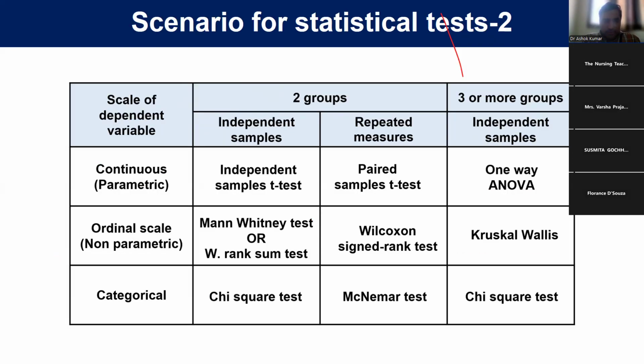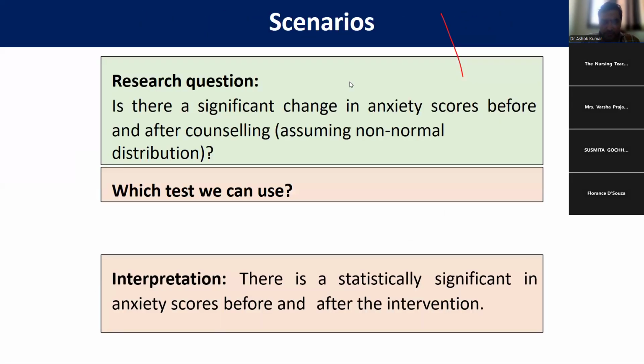Then this is again a scenario, for the Wilcoxon signed rank test. Yes. So is there a research question? Is there a significant change in anxiety score before and after counseling?